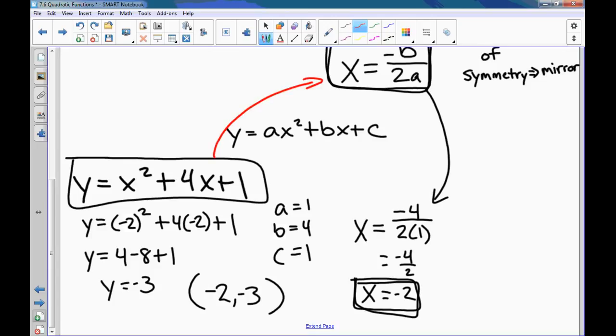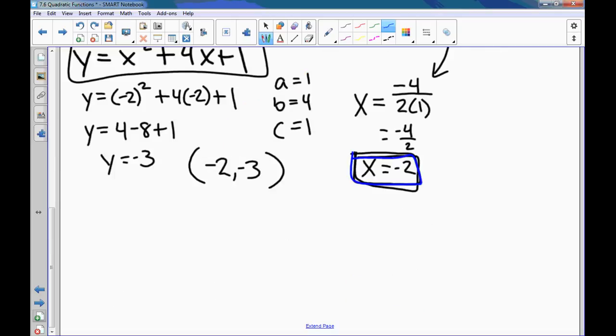And now I just plug in these values. I found the x value for my axis of symmetry, plugged it into the y value, and I got my vertex. Now it's going to be really easy to graph this parabola without completing the square because I know that the vertex is at negative 2, negative 3.